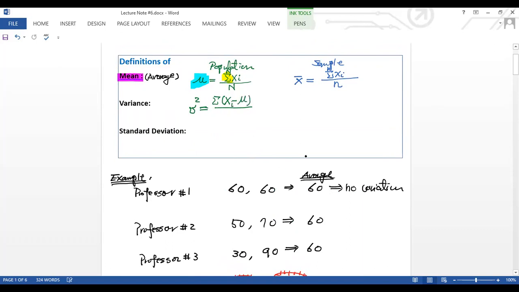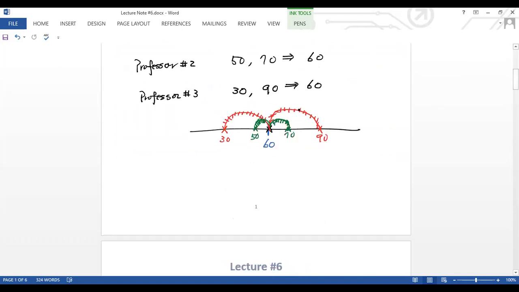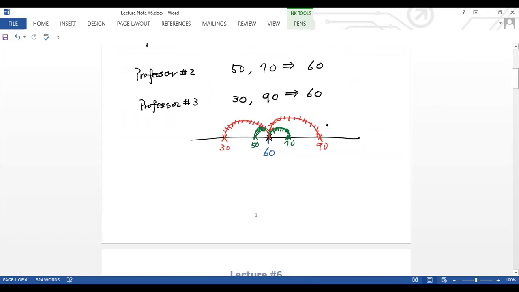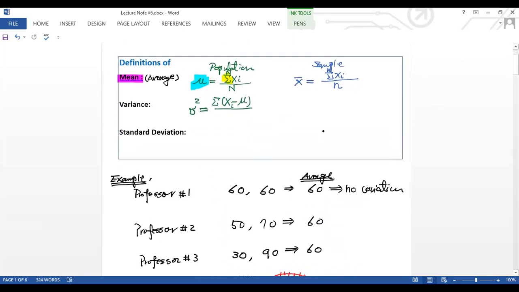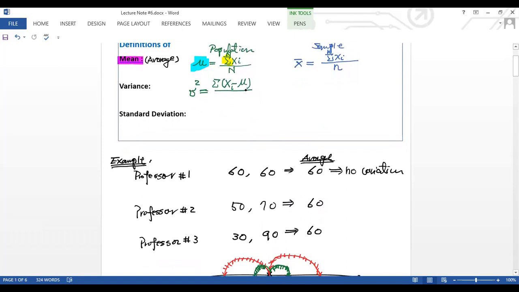Then, to prevent the differences from canceling each other when you add them up, because this one is 30 points below and this one is 30 points above, and 30 plus negative 30 is 0, I square that.